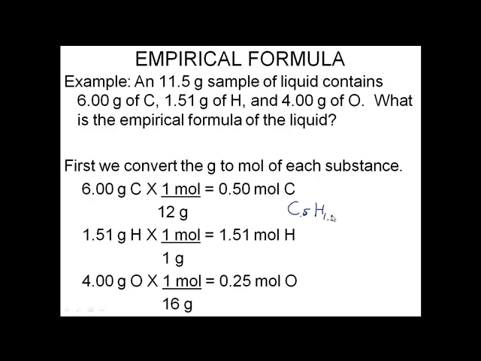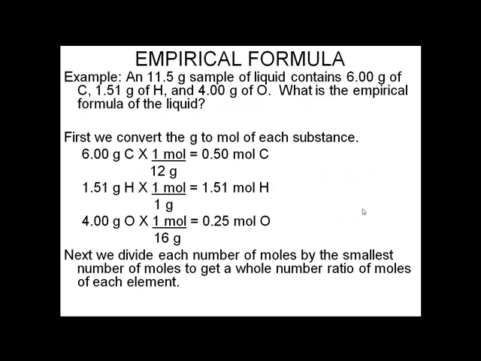There's a real simple way to get these values to be all whole numbers. We divide each number of moles by the smallest number of moles that's there. This will give us our whole number ratio. Out of these three, the carbon, hydrogen, and oxygen, the 0.25 is the smallest number of moles.